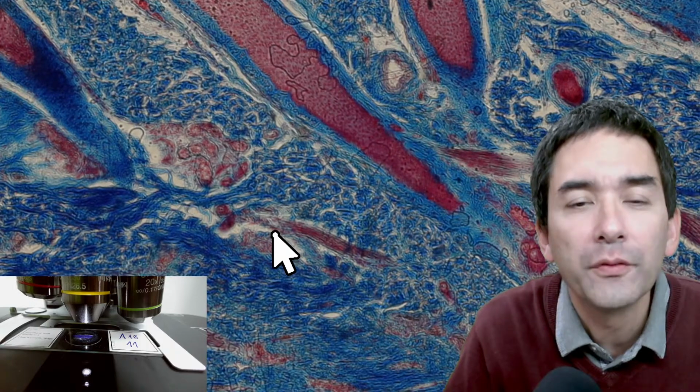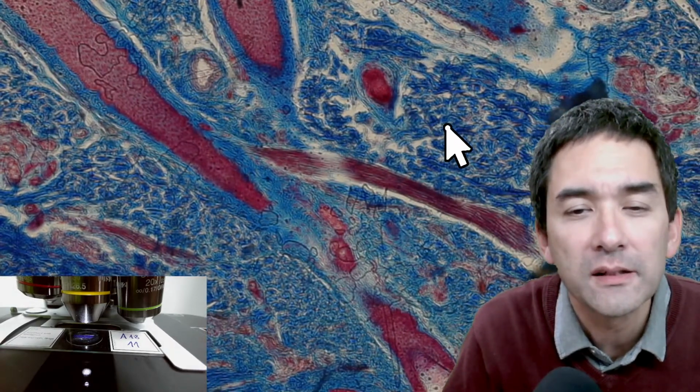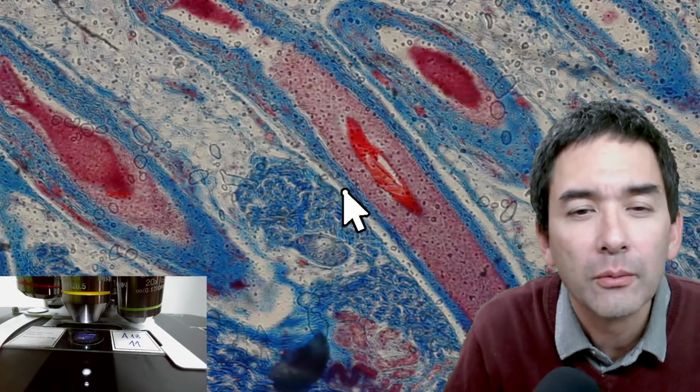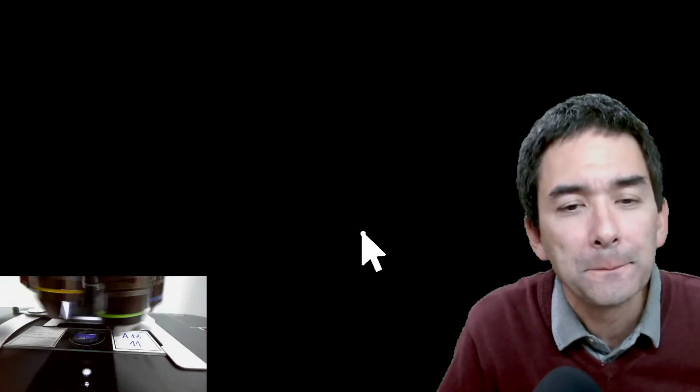Let's have a look. Some of these structures could be cross sections of blood vessels. But look at this. What are those oval, round structures here? I want to have a closer look. Let's zoom in a bit.